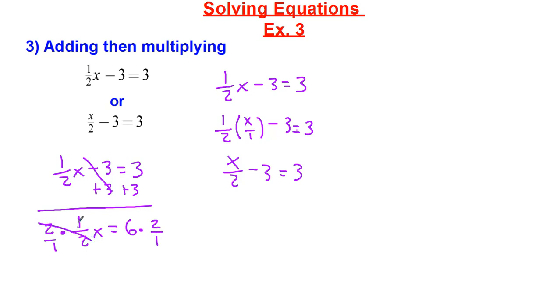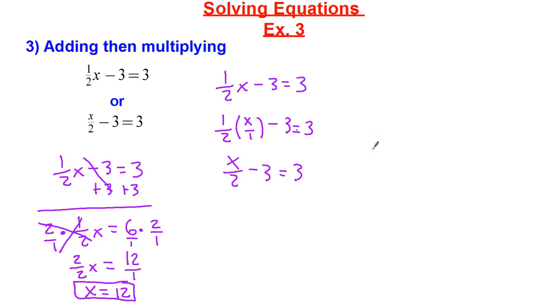So this cancels this out, because 2 times 1 is just 2. 1 times 2 is just 2. So I have 2 over 2 x is equal to, in this case, 6 times 2 is equal to 12 over 1. Alright, so this just simplifies to 1x. So I could just write x. I don't have to write 1x. So now x is equal to 12.